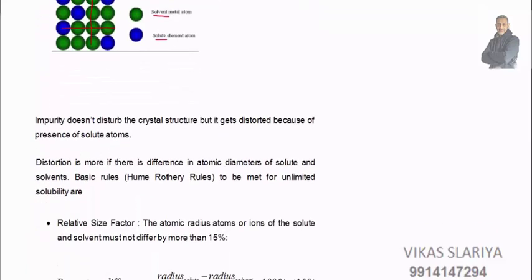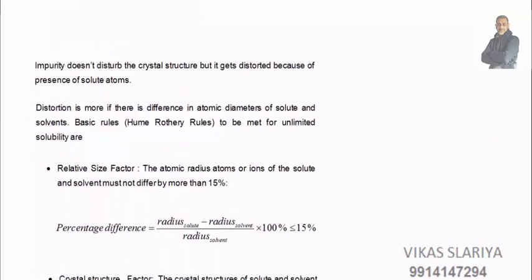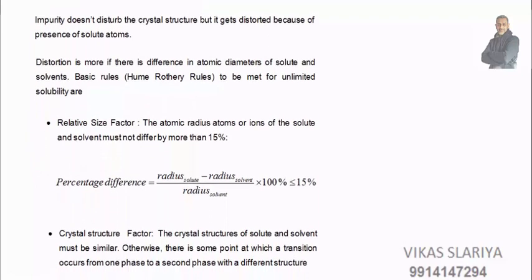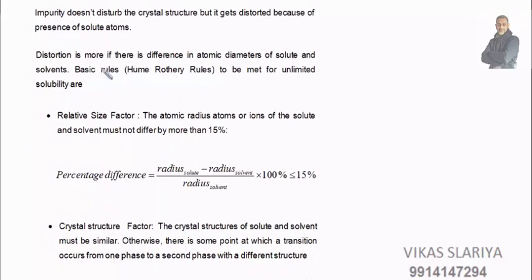The impurity doesn't disturb the crystal structure, but it gets slightly distorted because of the presence of solute atoms. Distortion is more if there is a difference in atomic diameters of solute and solvent. Means if the atomic diameters have a considerable difference, distortion will be more.